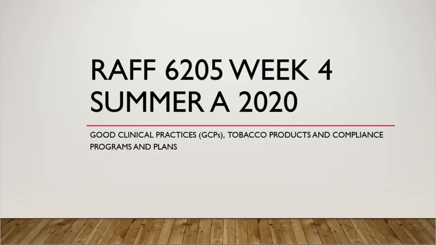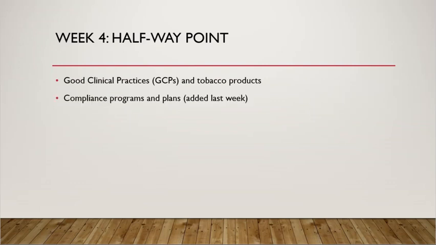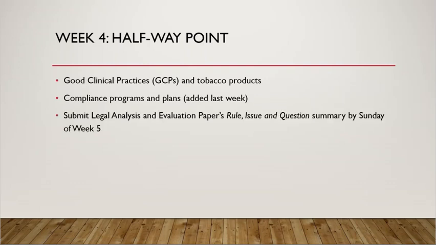There's about 25 of them, so I'll go through them as expeditiously as I can because I want to be mindful about the demands of this course on your time. So let's take a look at our slides, and I'll point out that this is the halfway point. Congratulations. Again, we're going to be talking about GCPs and tobacco products and compliance programs and plans.